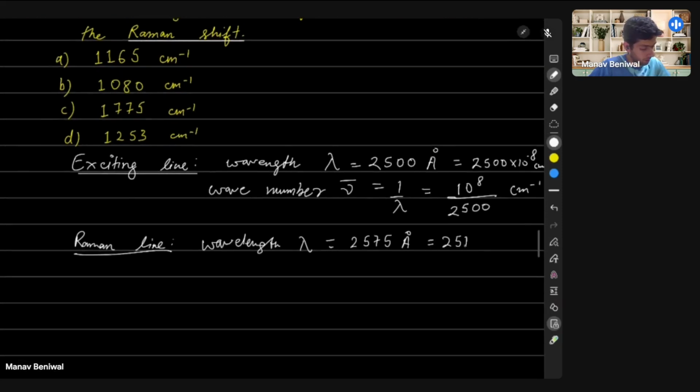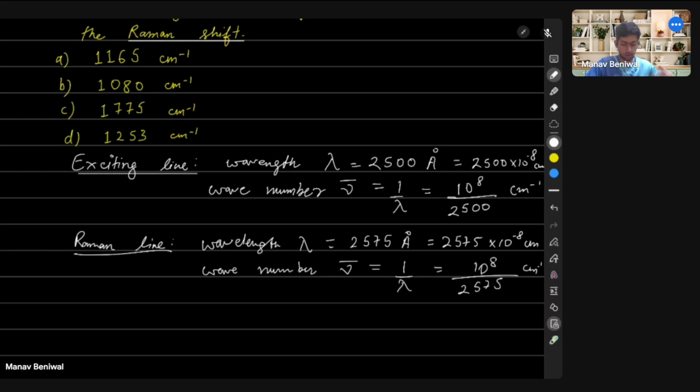This is 2575 times 10 to the minus 8 centimeters. So the wave number nu bar, which is 1 by lambda, will be 10 to the power 8 over 2575 per centimeter.